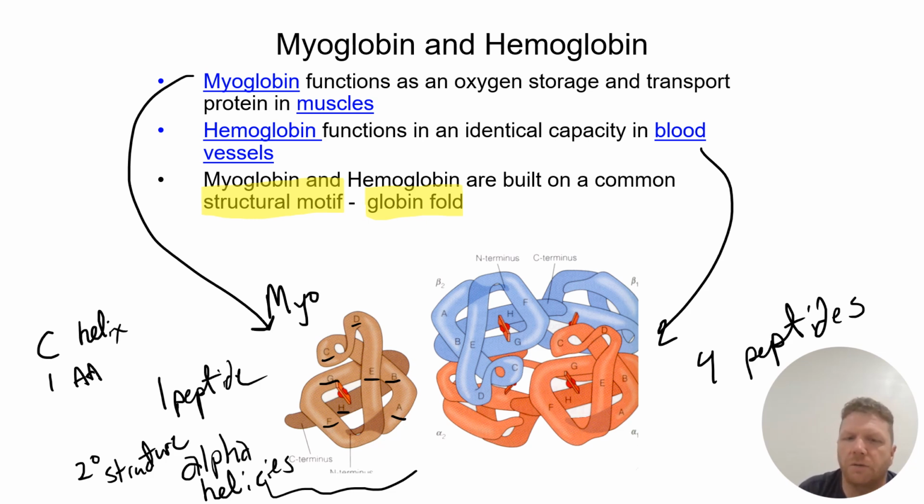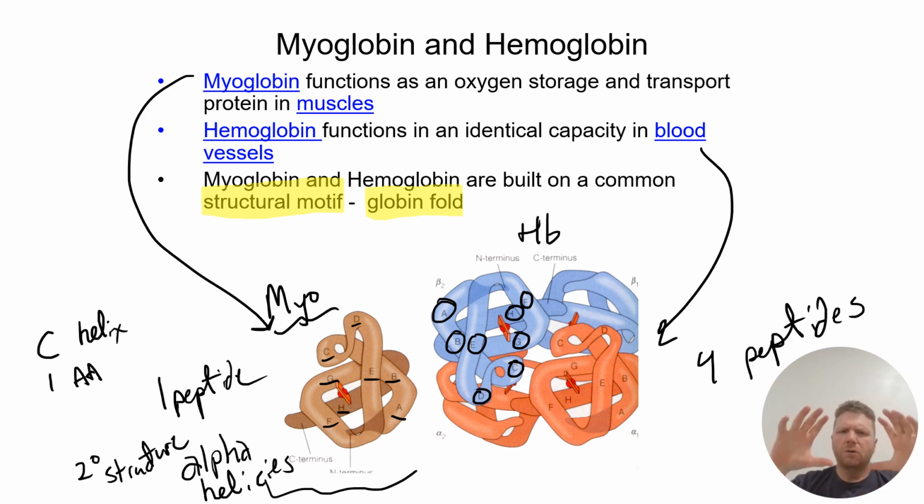Now, when we look at these different subunits, we're going to switch pages and look at hemoglobin. We see A, B, C, D, E, F, G, and H. If you were to take the structure of myoglobin and rotate it and superimpose it over one of those different subunits of hemoglobin, you would see a very strong overlap.